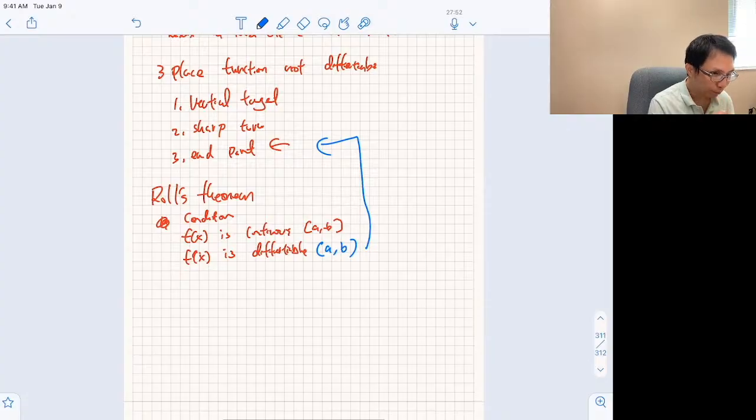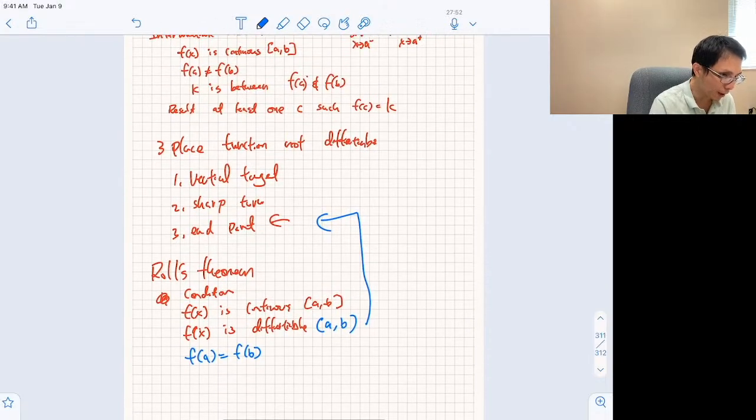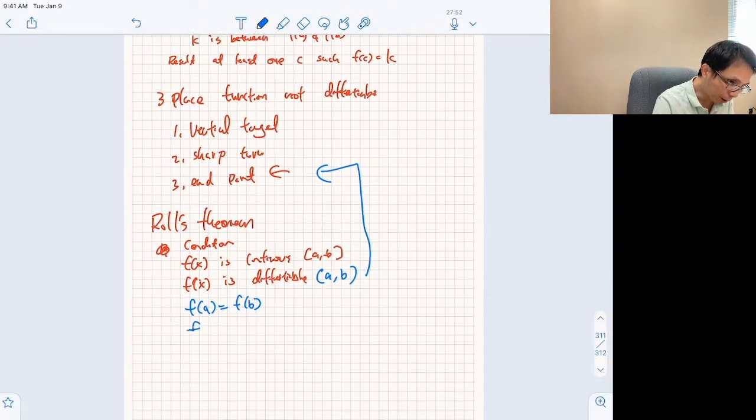So now, f of x is continuous, f of x is differentiable. Now what else? The last one is f of a equal to f of b, unlike the intermediate value theorem, where f of a does not equal f of b. If f of a equals f of b, there must be f prime of c equal to 0.